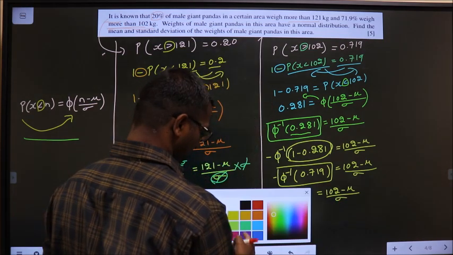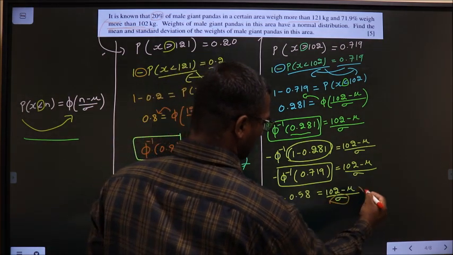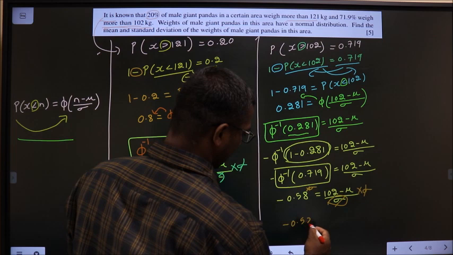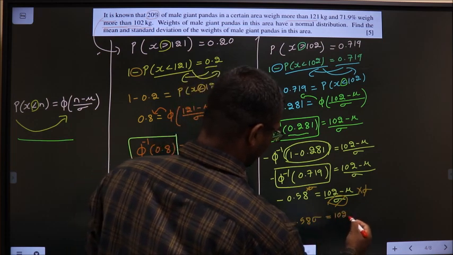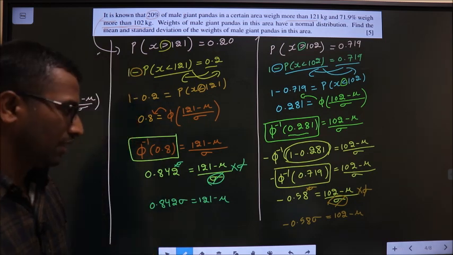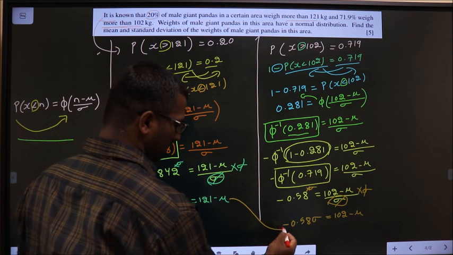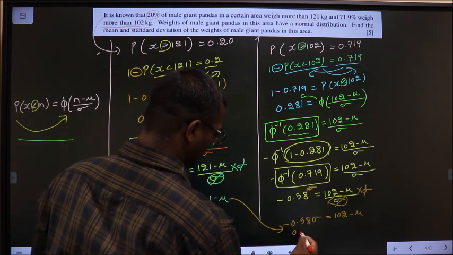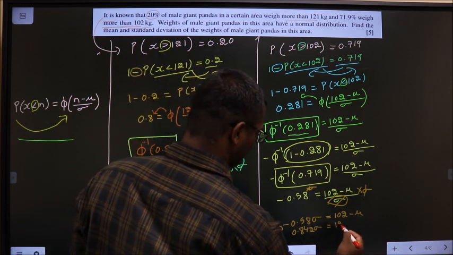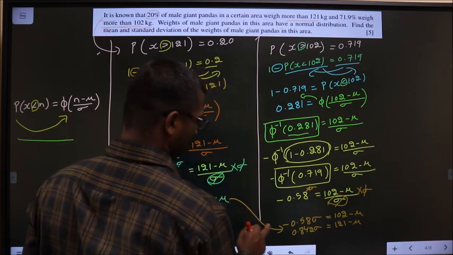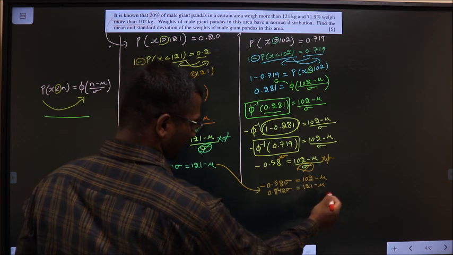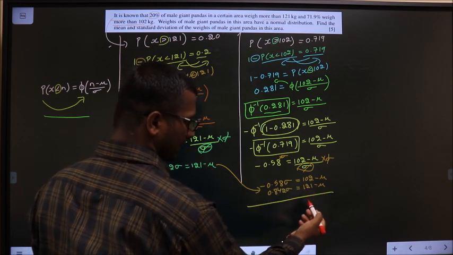Now to get rid of standard deviation, multiply by standard deviation on both sides. So minus 0.58 standard deviation equal to 102 minus mean. This cannot be simplified further, so I stop. Now I write this equation below this, that is 0.842 standard deviation equal to 121 minus mean. Now to cancel out the mean, I have to change the sign.